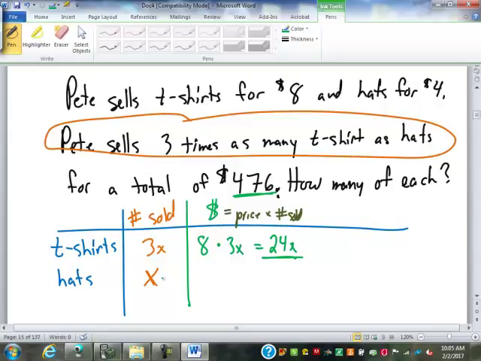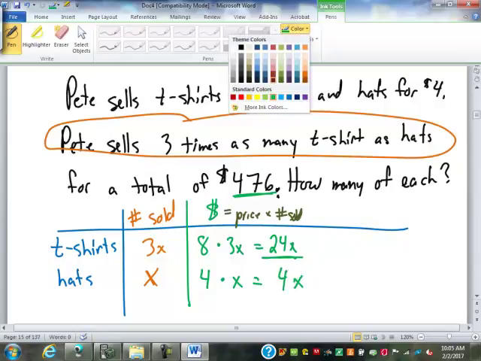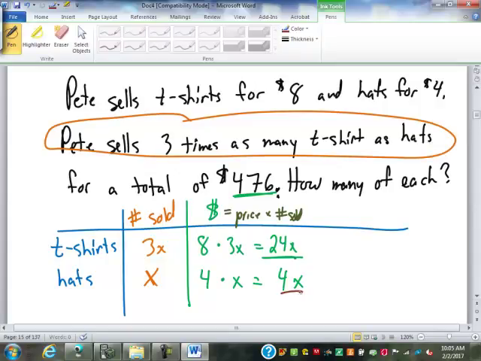What's the price for a hat? $4. How many did we sell? x. Well, 4 times x is just 4x. Good. That's the dollars for hats. Those two dollar amounts, 24x plus 4x, add up to the total dollar amount of $476.